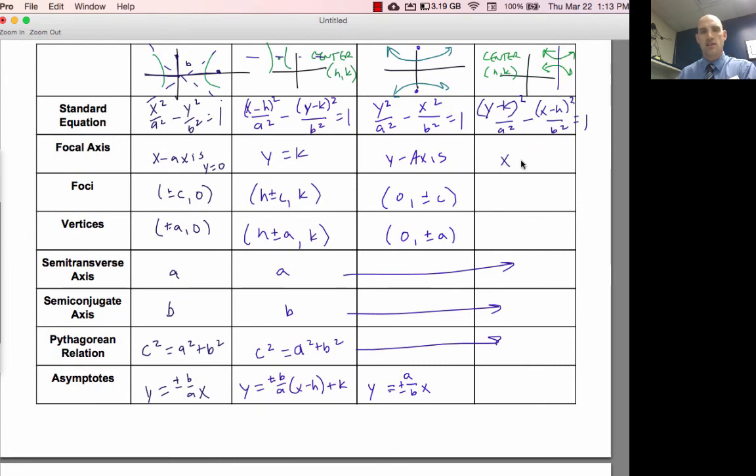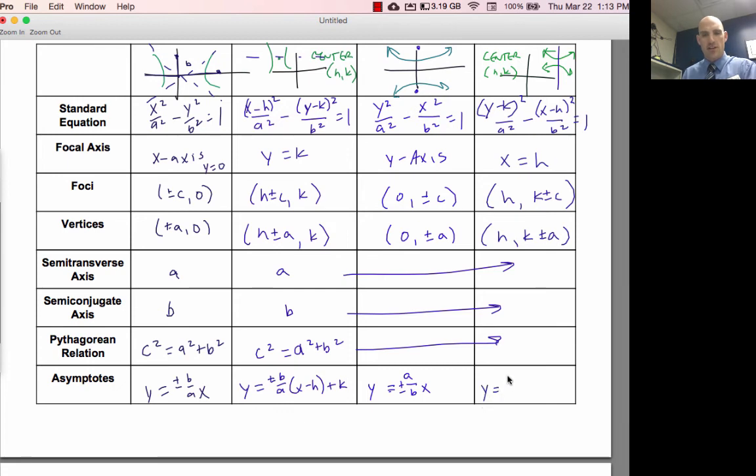So it's x equals h, and it has to be because my y-axis is x equals 0. So then my foci are h comma k, but I have to take into account the fact that it's plus or minus c. And my vertices are h comma k, but I have to take into account that there's an adjustment of a. All of these are the same.